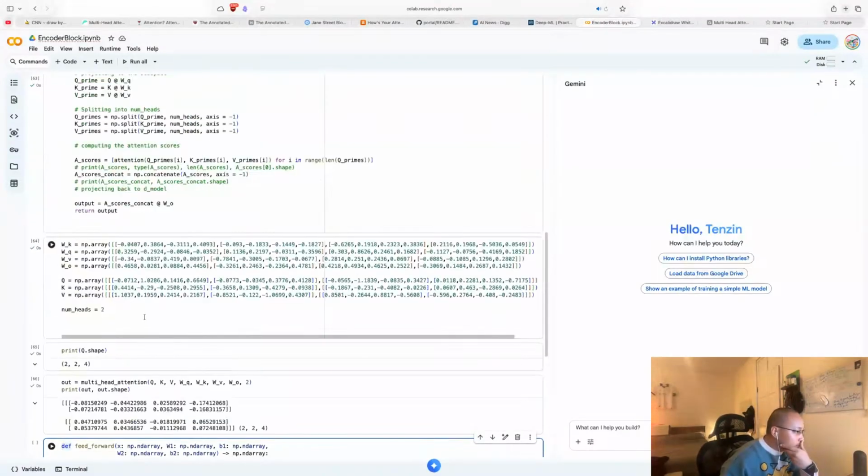Let's see. Yeah, 2 to 4, where 2 is the number of tokens. And we have batched it. That's the interesting thing. Okay.